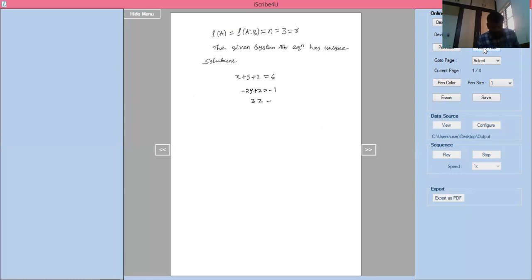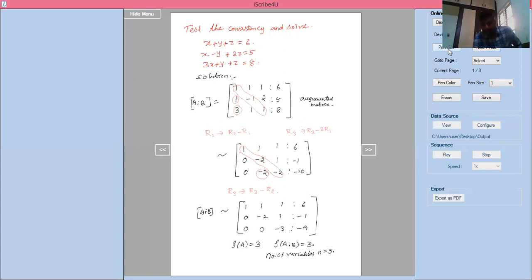Next, minus 3z equal to minus 9. Here, sorry, minus 3z is there, so I put only 3z.